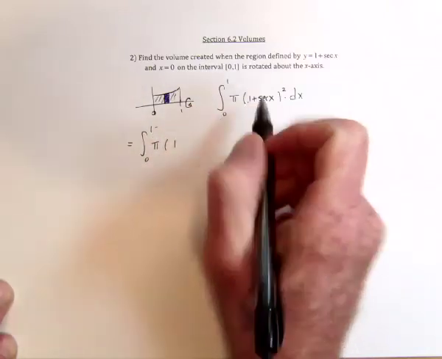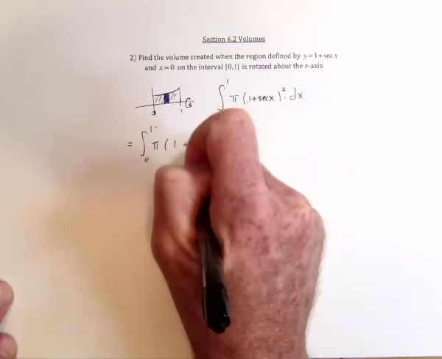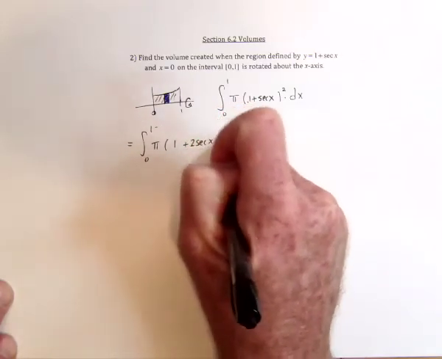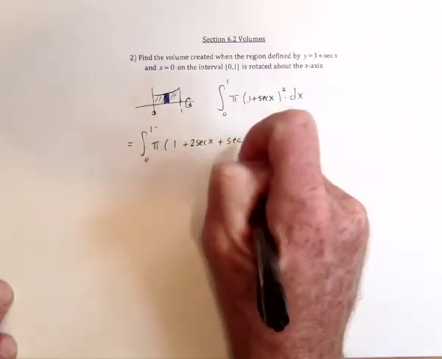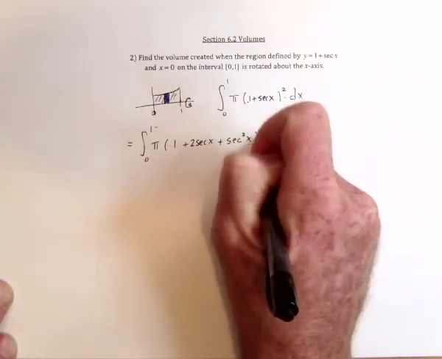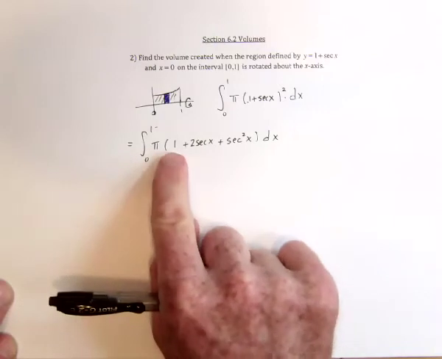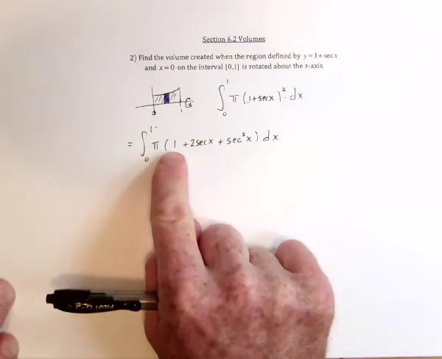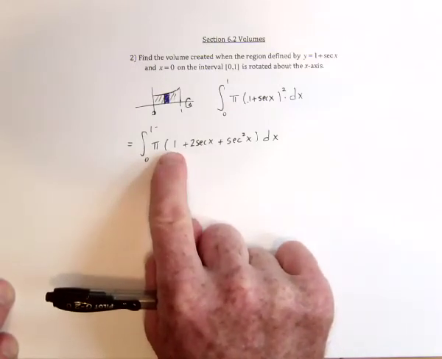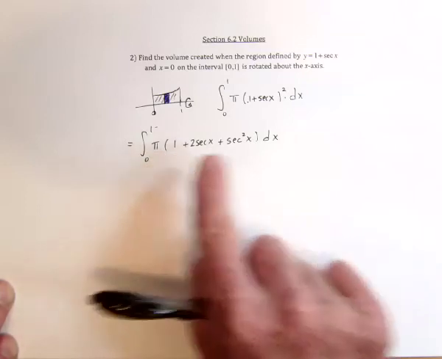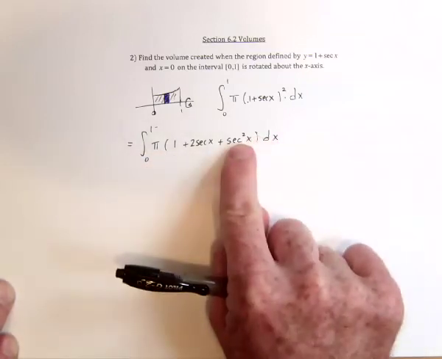It's going to be this times this doubled, 2 secant of x, and then plus secant squared. Well, this one's good news because the antiderivative is just going to be an x. The derivative of tangent is secant squared, so the integral for this is going to be tangent, not a problem.